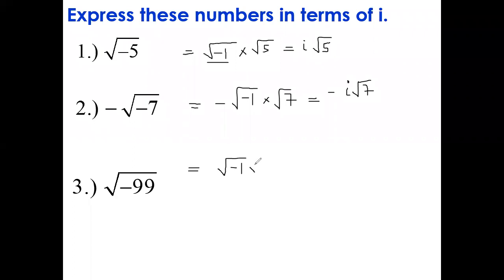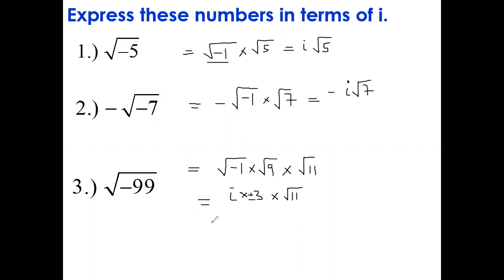In the same light, we can also solve the square root of -1 times the square root of 9 times the square root of 11. This will be i times plus or minus 3, times the square root of 11.